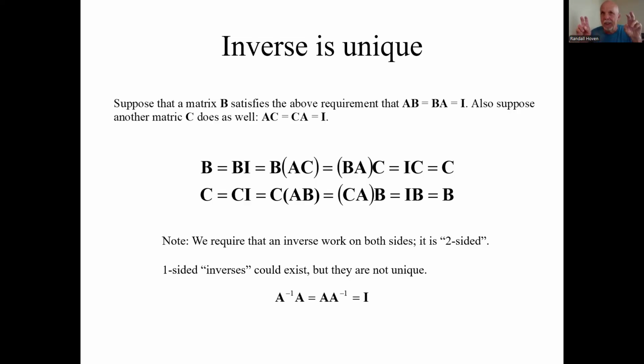While I get into this, you could have a one-sided inverse that would work on non-square matrices. But the left inverse would not be the same as the right inverse, and it would not be unique. But for a square matrix, if it has an inverse at all, the left inverse is the same as the right inverse, and it is unique.